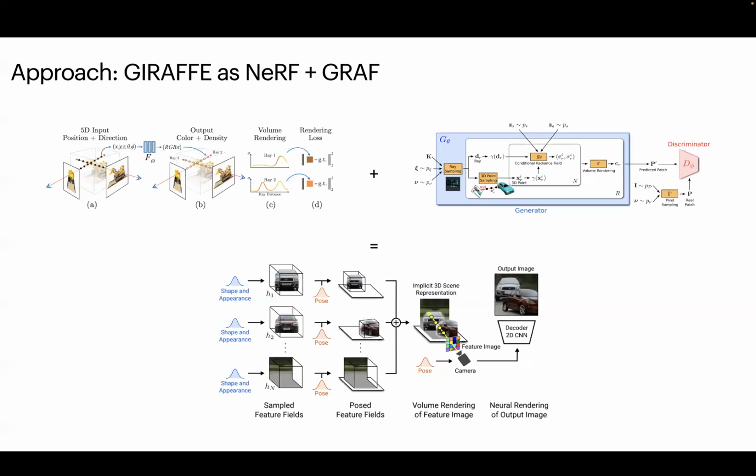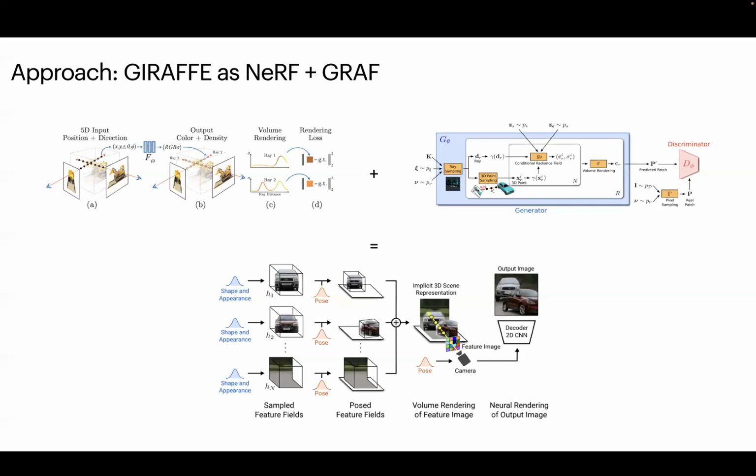Previously in GRAF, all of them were colored images, so they made the color images into a 3D representation, and then moved into the decoder and gave the samples out. I think that would definitely need a lot of computing power, whereas this one only has feature images and then a decoder to match the color of them and produce the output images. So I think those are the two main advantages of GIRAFFE.